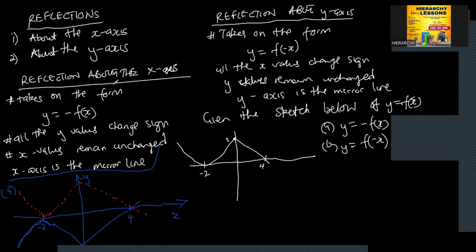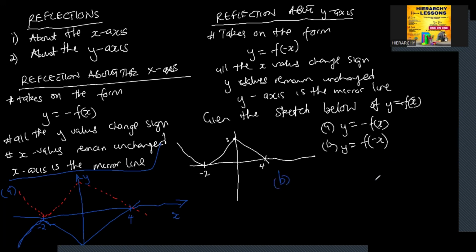I'm going to sketch B here. This is reflection about the y-axis, so the y-axis is the mirror line. All the x values change sign. The x values, minus 2 here and 4 here, change sign.